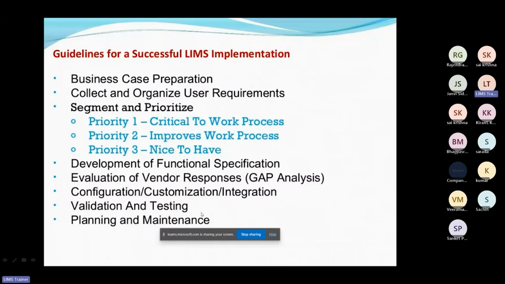Say there is a small laboratory working in manual mode, doing all the analysis activities on their own, using pen and paper to note down all the activities. Now we need to implement LIMS there. How to prepare a business case? Business case preparation means we need to evaluate that laboratory.